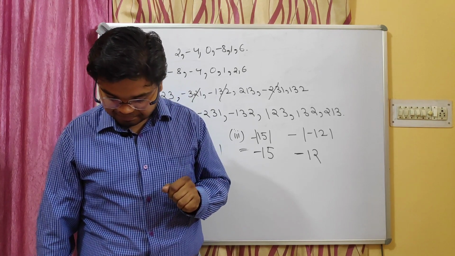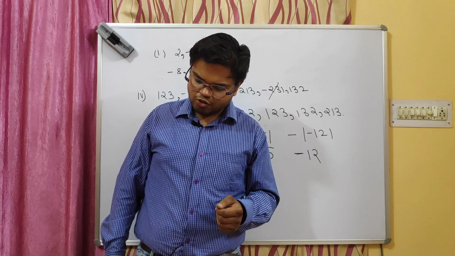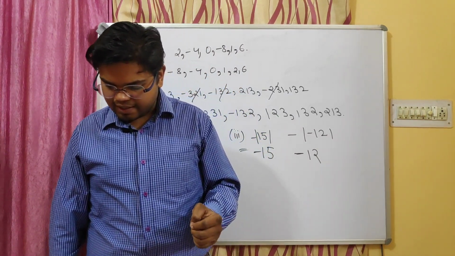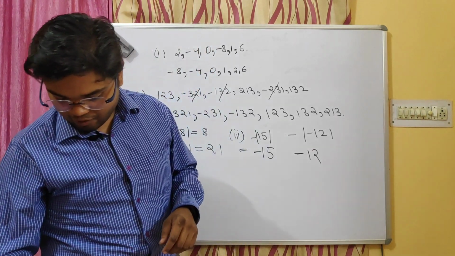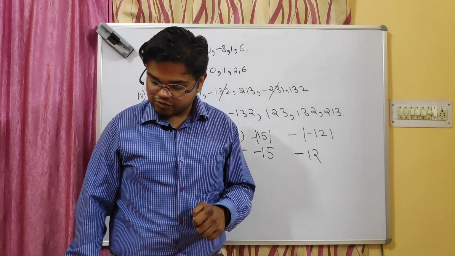Question number 15. In which of the following pairs of integers the first integer is not on the left of the other integer on the number line? So you have options -2 comma 10, -3 comma 5, -6 comma -4.